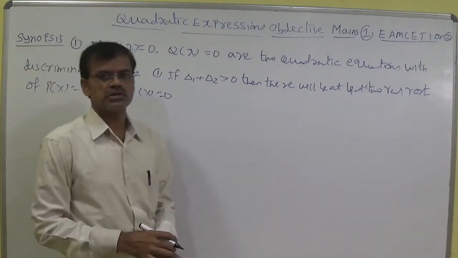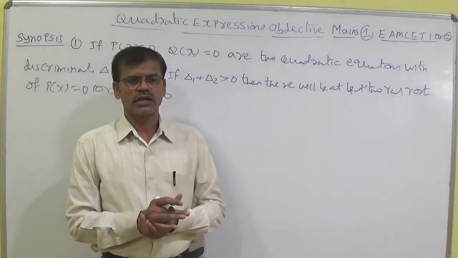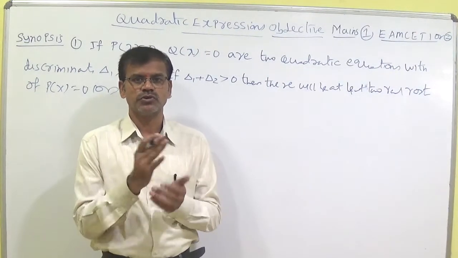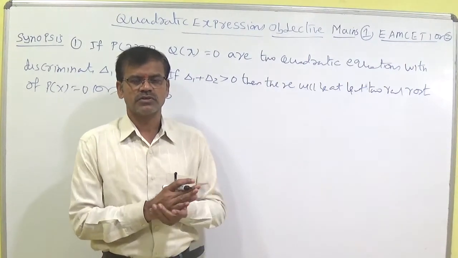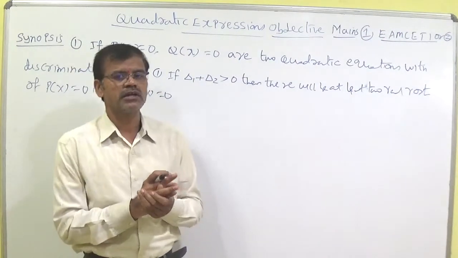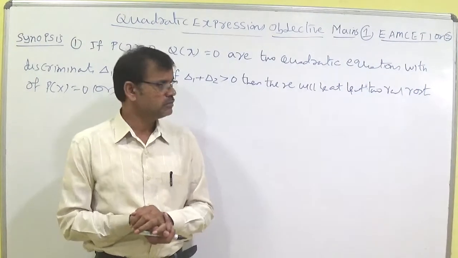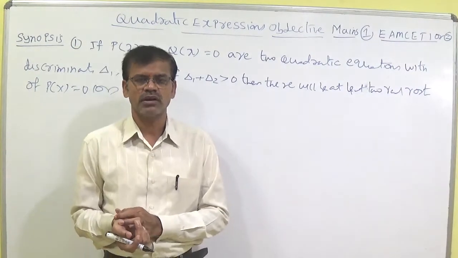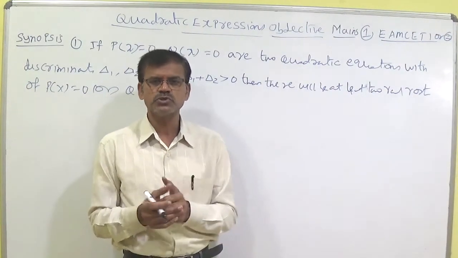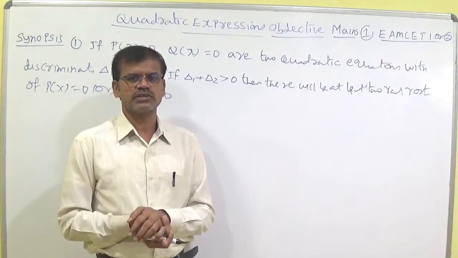That means, if P of x equal to 0 is a quadratic equation and Q of x equal to 0 is another quadratic equation, and we want to discuss the nature of the roots of the combined equation, P of x into Q of x equal to 0 or P of x plus Q of x equal to 0. Generally in objective questions it is given as first equation into second equation, P of x into Q of x.